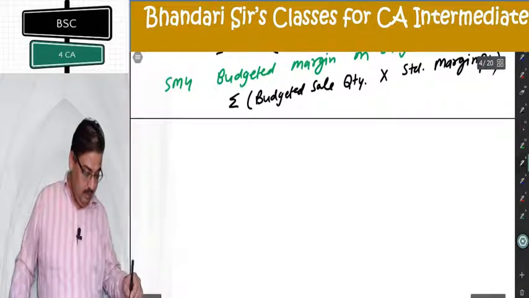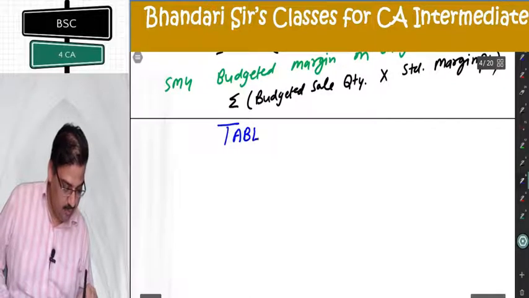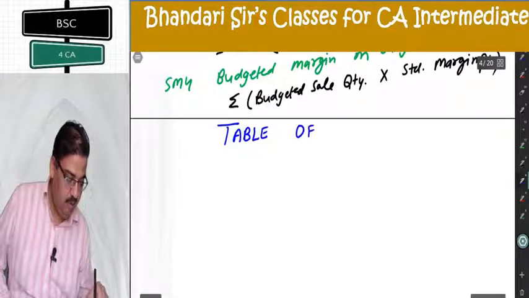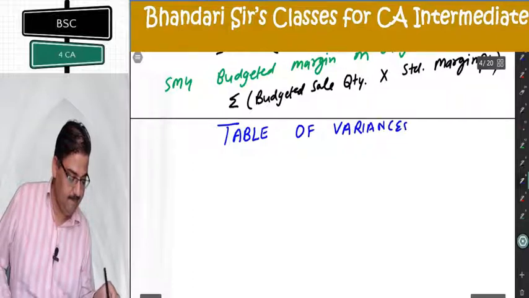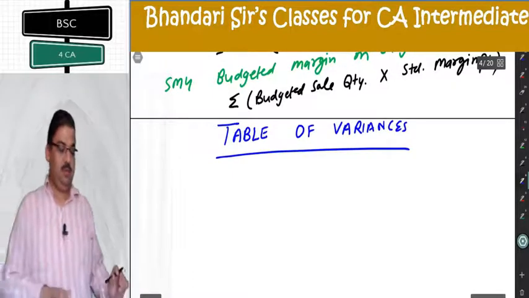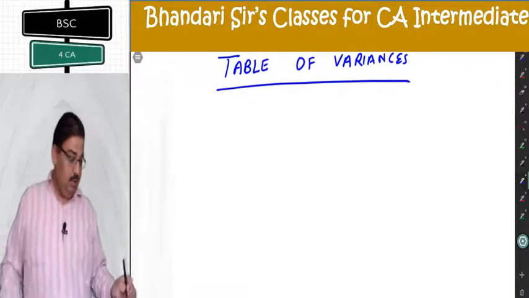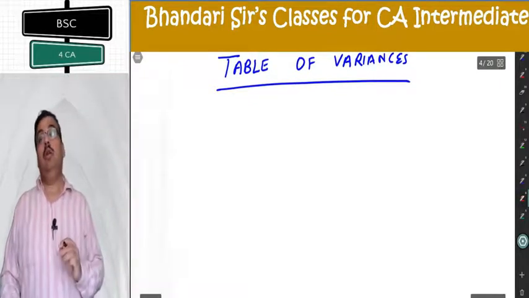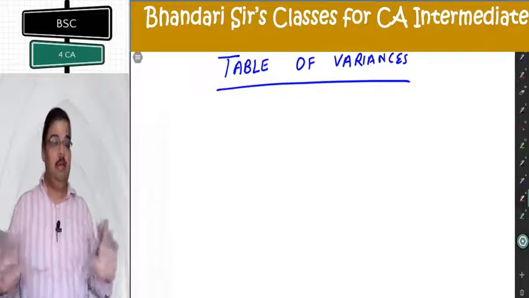So I get in the end the table of variances. It looks similar to what you have got earlier. Instead of the word value, there is the word margin. No other difference at all.